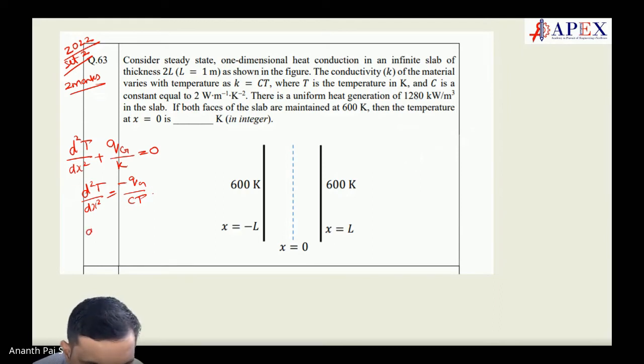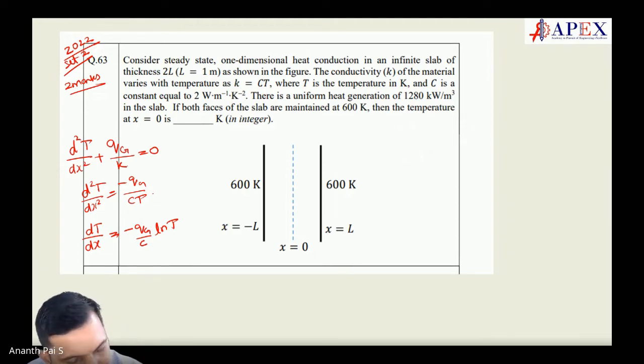Then what happens? dT by dx is equal to minus qg by c log of T, plus c1. Getting the point? So you have to find the c1. How do you find the c1?